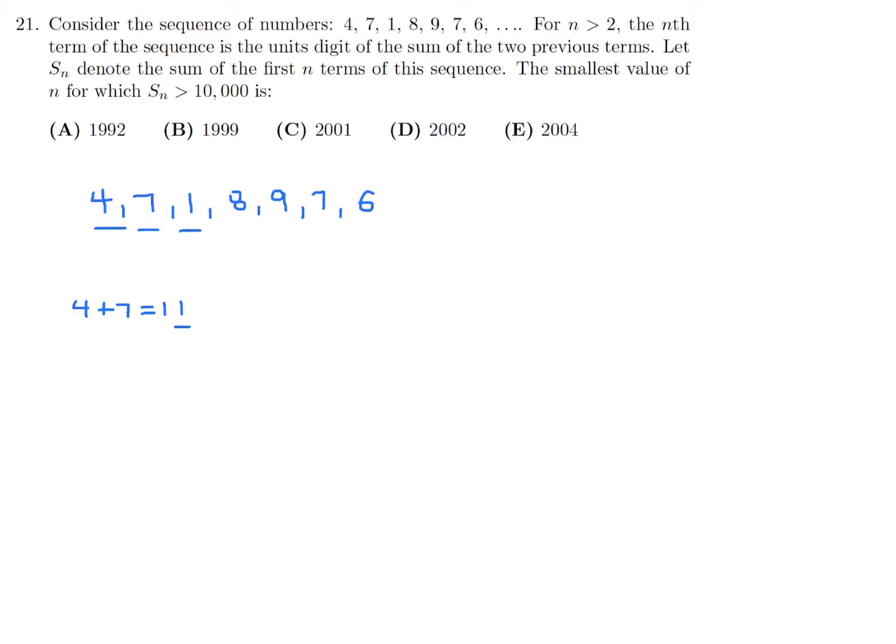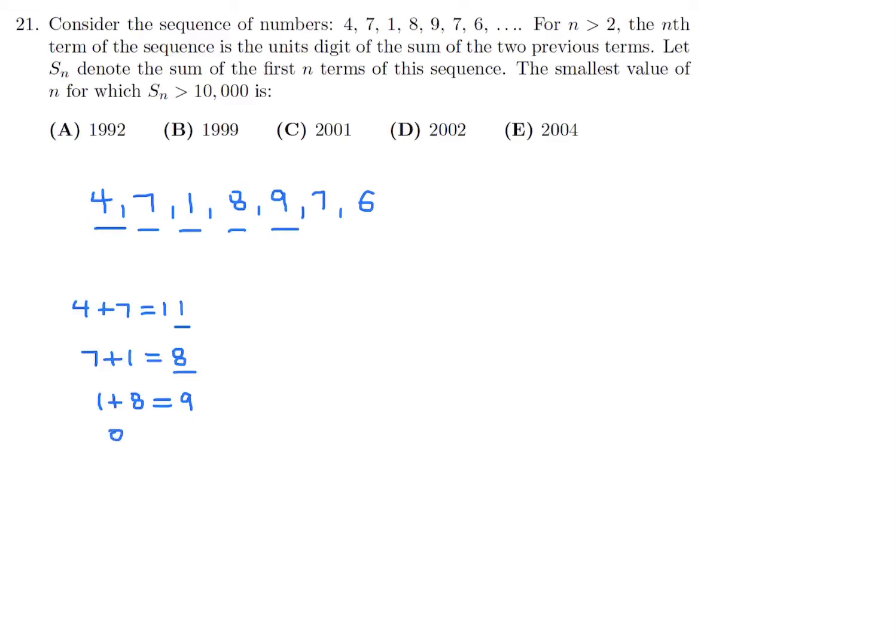So if you take 7 and 1, it becomes 8, and 8 is just a single digit, so its units digit is just 8. Same thing, 1 plus 8 is just 9, so the units digit is just 9. That's why the next digit is 9.